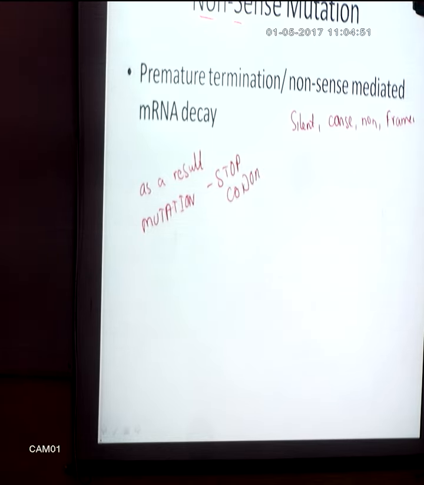Okay, so this is a normal stretch. It's something like UAU, A, C, dot dot dot. So as a result of a mutation, this becomes UAG. This is read as a stop codon, right?